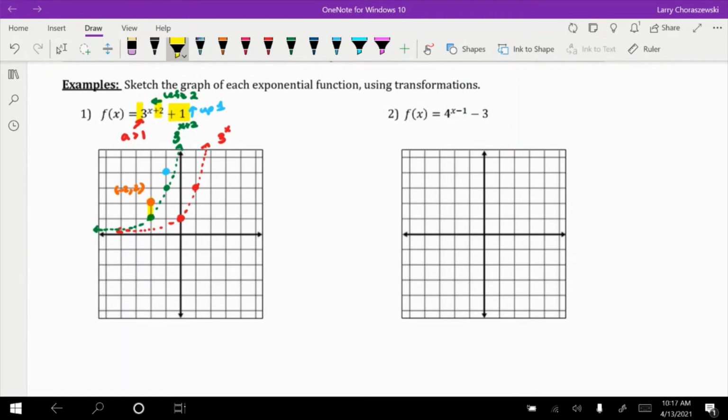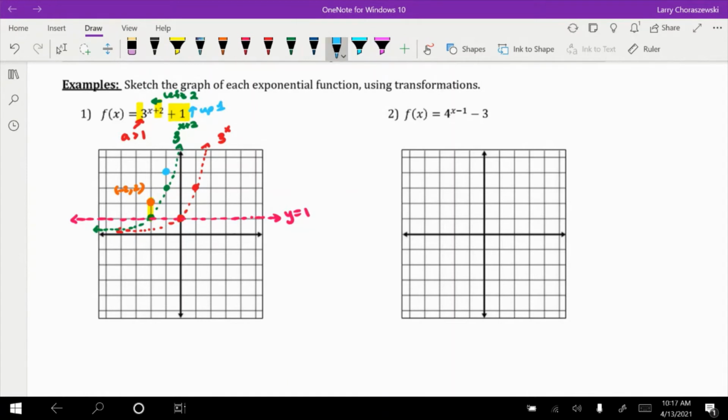In this case, the horizontal asymptote is going to be underneath the new location of the y-intercept. And if there has to be a 1 unit gap, this means that the horizontal asymptote would now have to have the equation y equals 1. And so basically the horizontal asymptote shifts up by 1 unit because of the value of k.